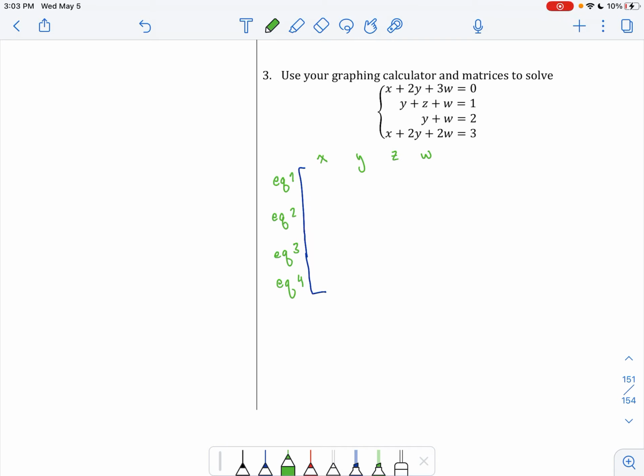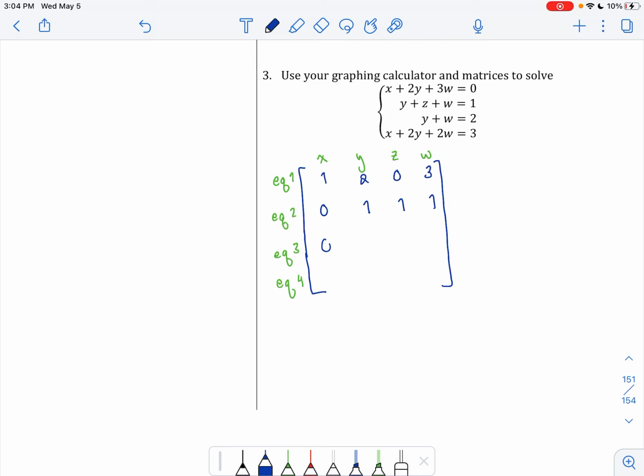And notice how I just said coefficients. So for our first one, we have 1x and 2y, no z's, and 3w. So that's going to be our first row of our matrix. Our next row is for our second equation. There's no x, there's 1 y, 1 z, 1 w.